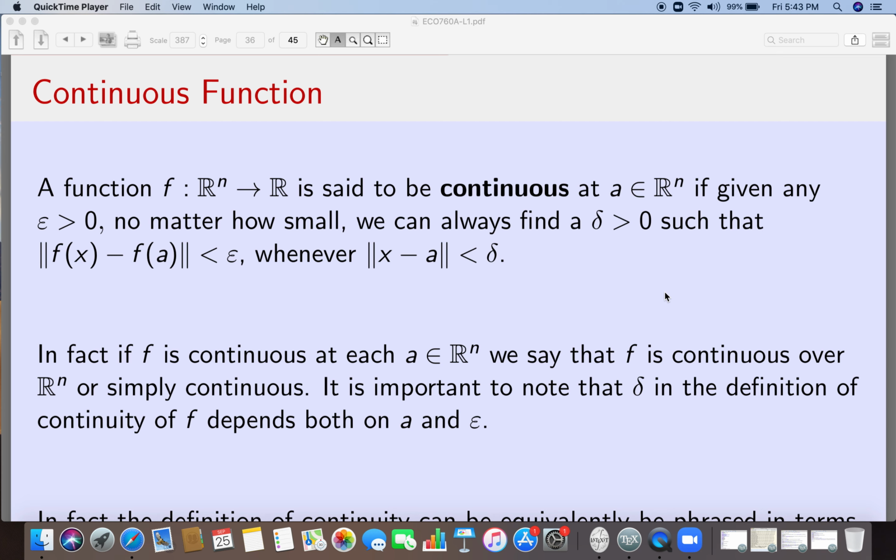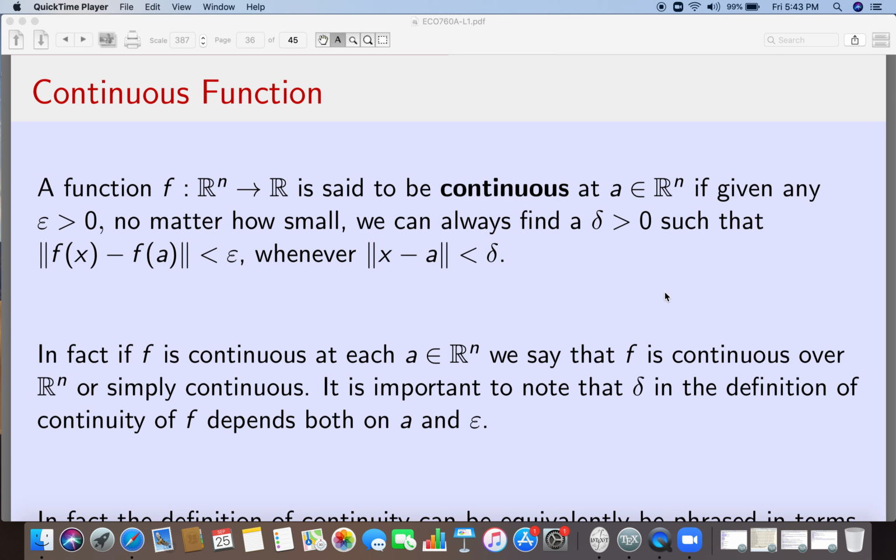Of course, if it is continuous at all the points, then it is continuous over the whole Rn. Now, what's important is the following: what does it mean? It means that if you give me a very small epsilon greater than 0, no matter how small, I can always find a delta such that whenever x is in the open ball of radius delta centered at A, f of x is in the open ball of radius epsilon centered at f(a).